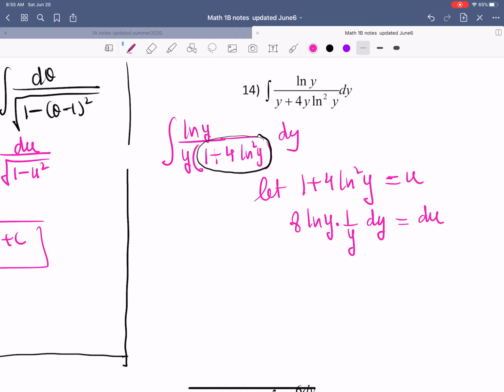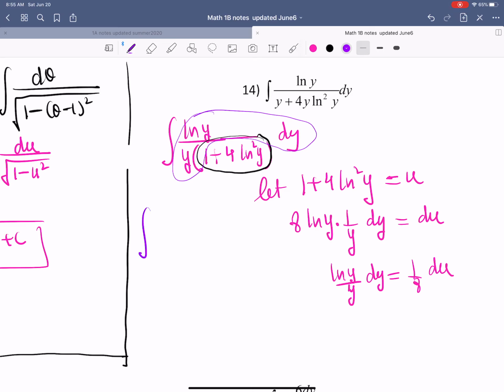In other words, I can say natural log of y over y dy will be 1/8 du. So the remaining portion, this whole thing, would be 1/8 du.